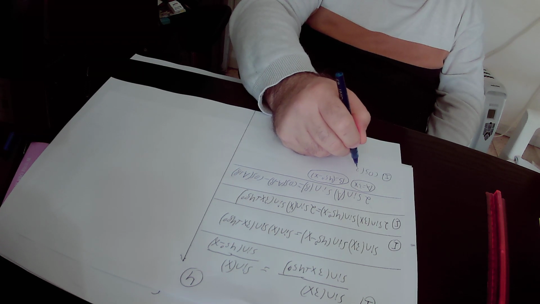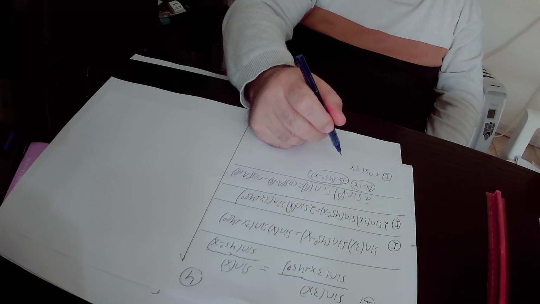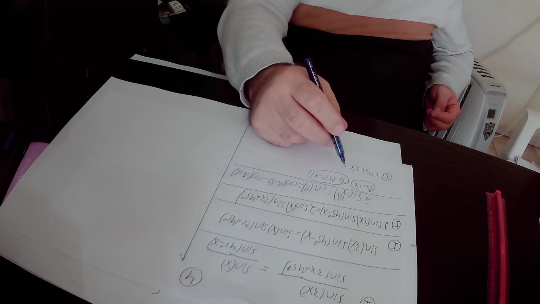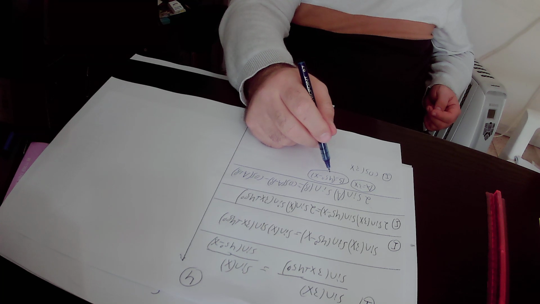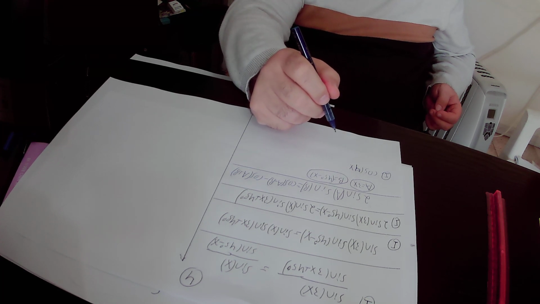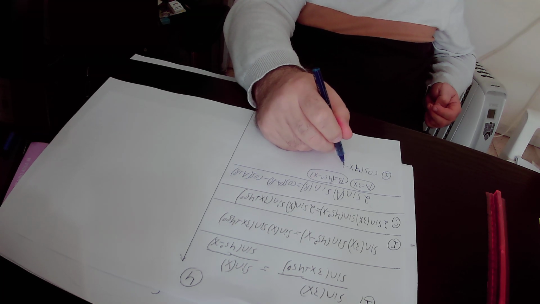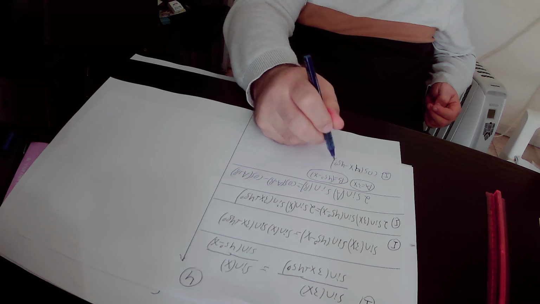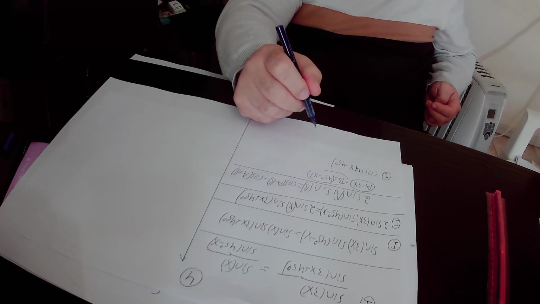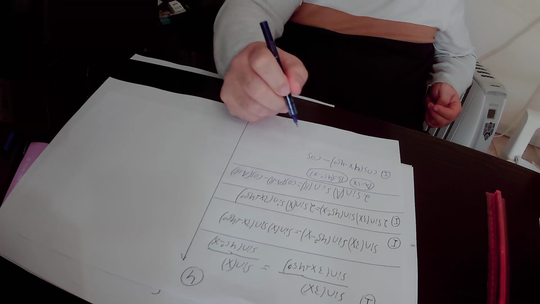A is 3x, B is 45 degrees minus x, so it is actually 3x minus x, which is 4x, minus 45 degrees, minus cosine (A plus B).